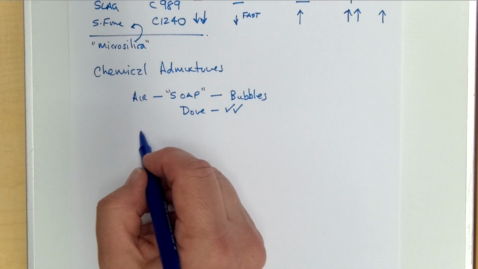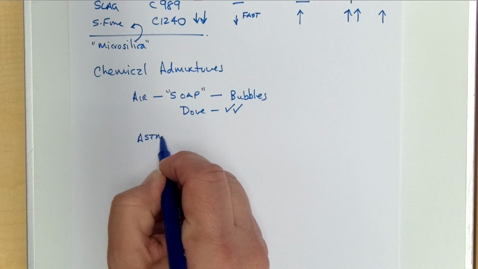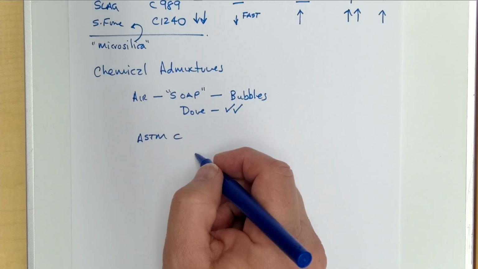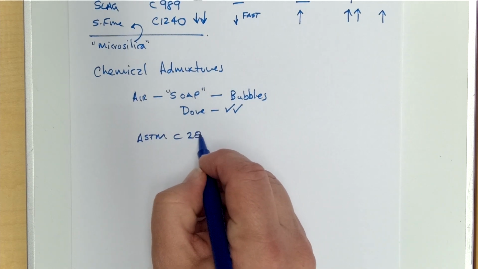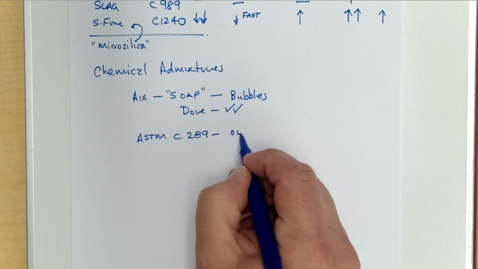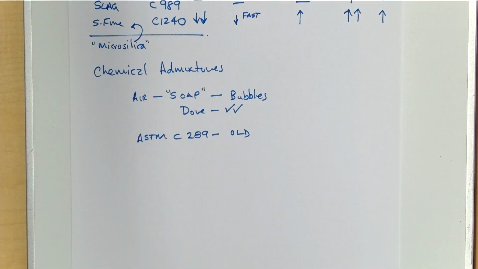These need to conform to ASTM, I think it's C260, and that's old. They started at C1, right? So C33 for aggregate is really old, and when we talk about general pozzolans or other pozzolans at C1790, that's about where we are.